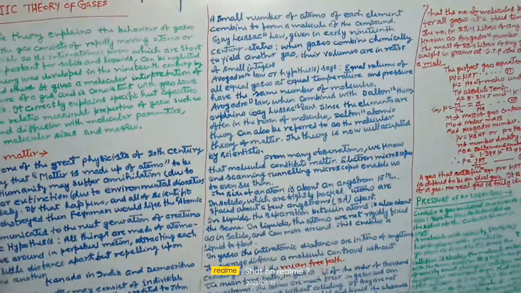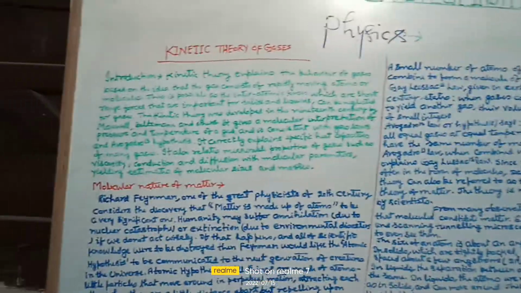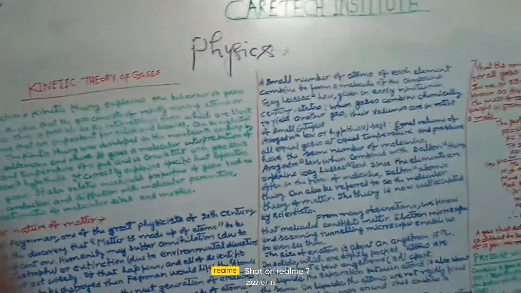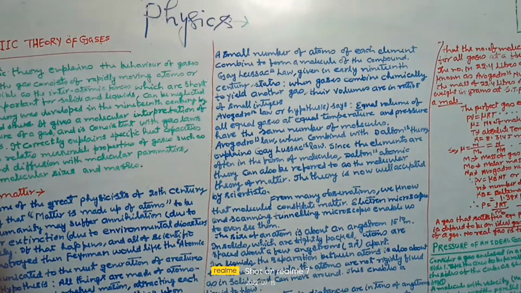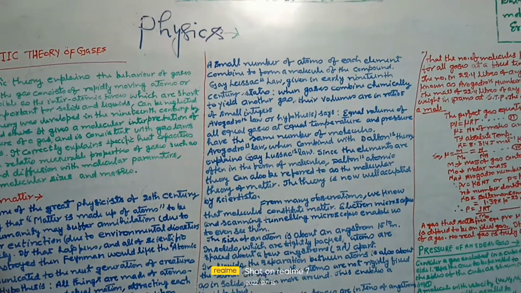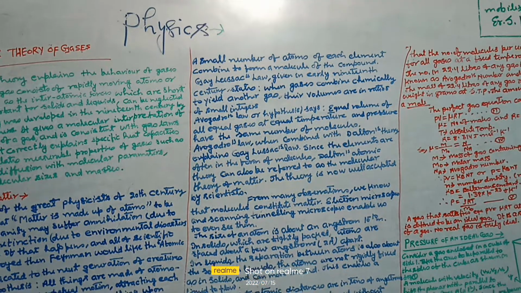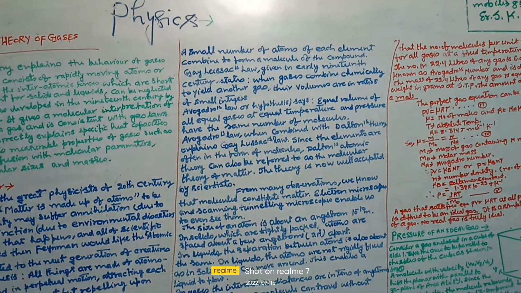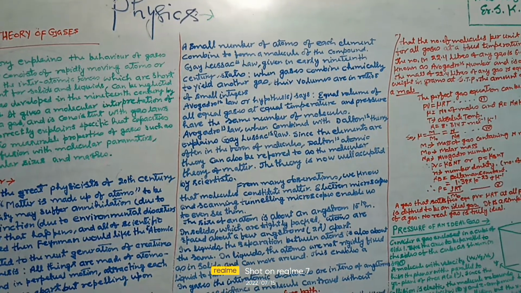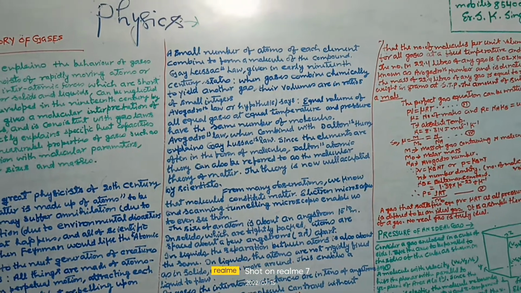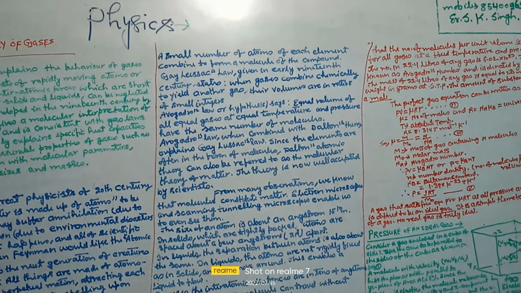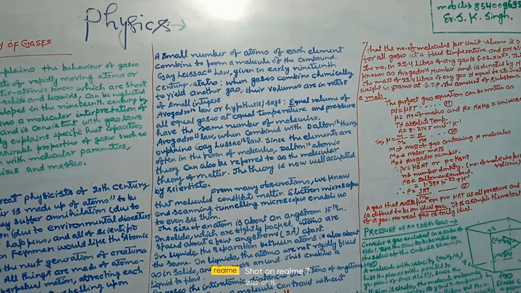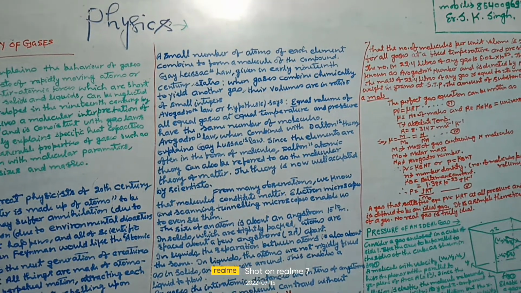Now, a small number of atoms of each element combine to form a molecule of the compound. Gay-Lussac's law, given in the early 19th century, states that when gases combine chemically to yield another gas, their volumes are in the ratio of small integers.